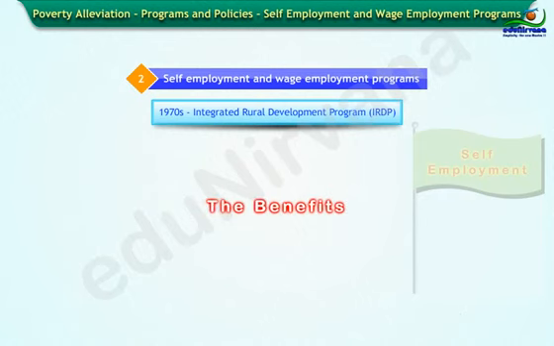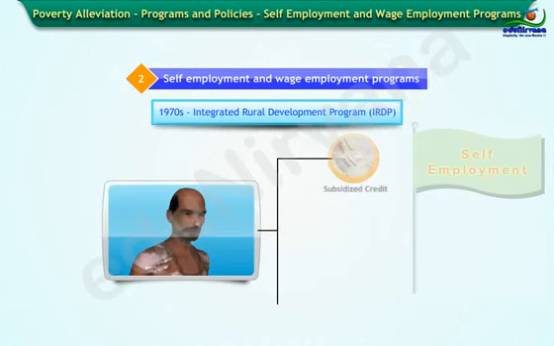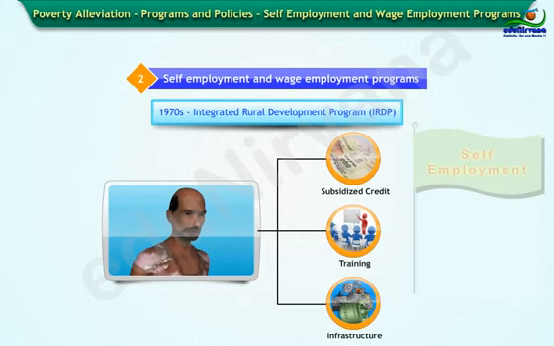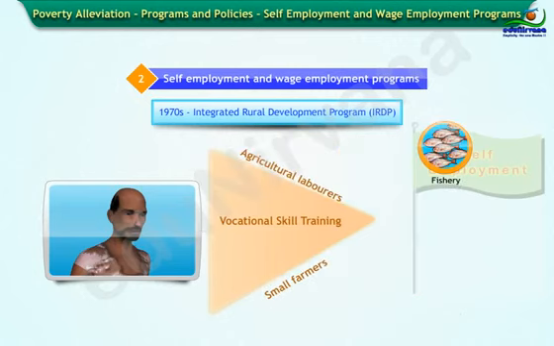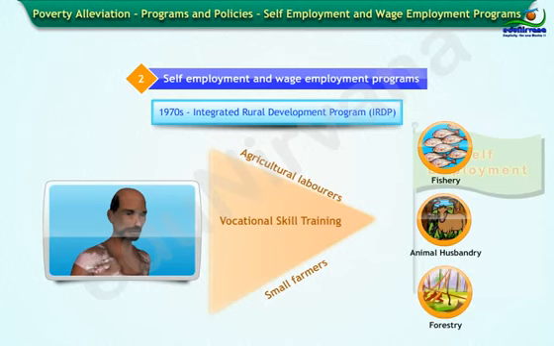The benefits: the beneficiaries were given subsidized credit, training and infrastructure so that they could find and create new sources of earning themselves. In this scheme, agricultural laborers and small farmers received new skills to engage in vocations other than cultivating land. They included fishery, animal husbandry and forestry.